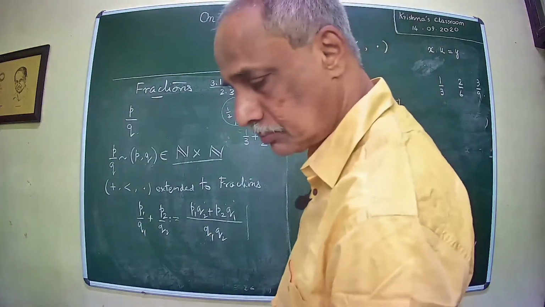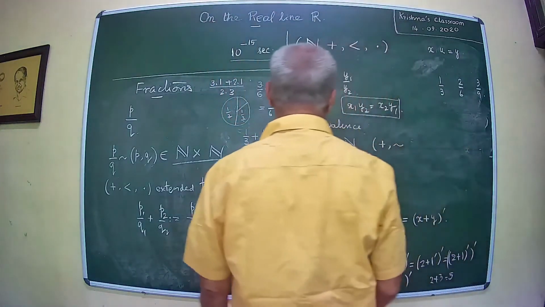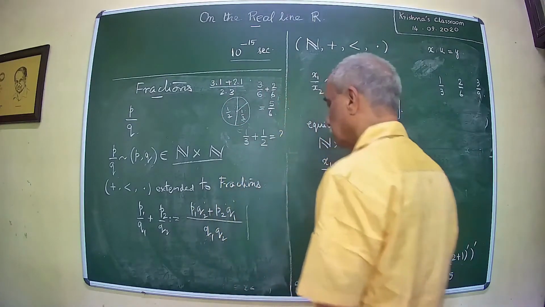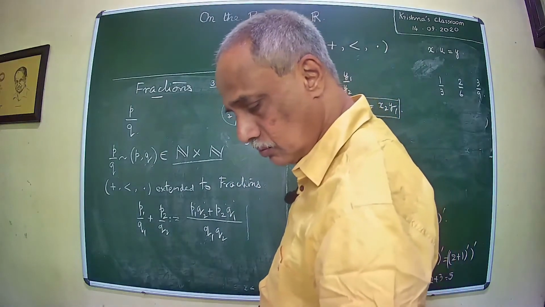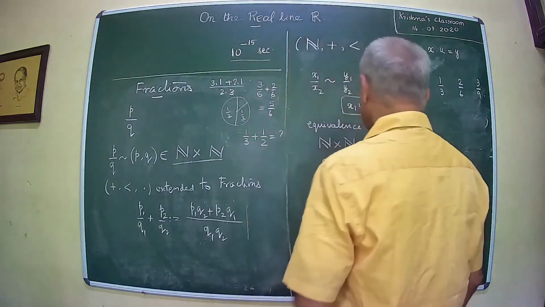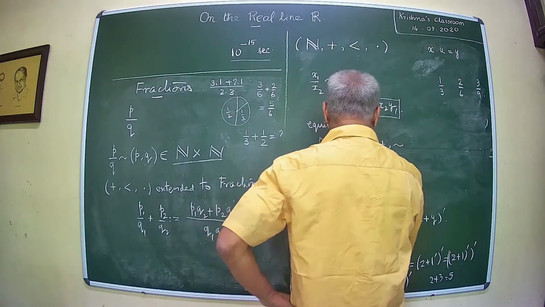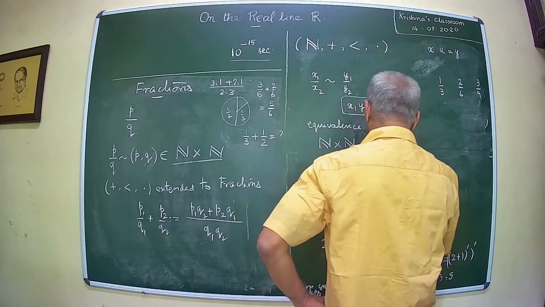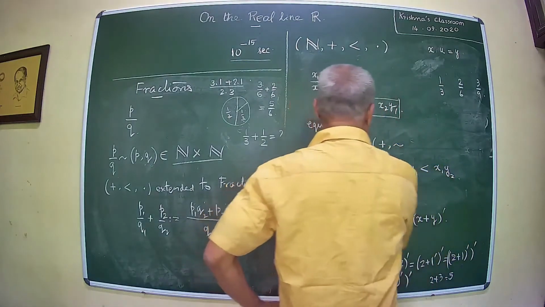Now, given x1 by x2 and y1 by y2, we define an order structure. We say x1 by x2 is less than y1 by y2 if x1 y2 is less than x2 y1. This is the definition.